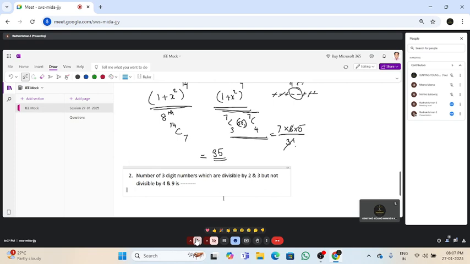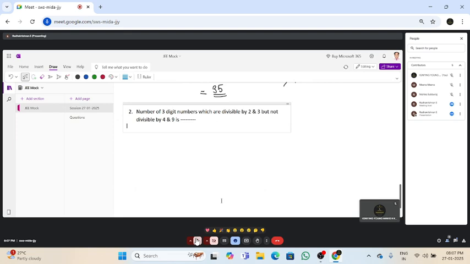Okay, so number of 3-digit numbers which are divisible by 2 and 3 but not divisible by 4 and 9. How many 3-digit numbers are there in total? From 100 to 999, so there are 900 numbers.